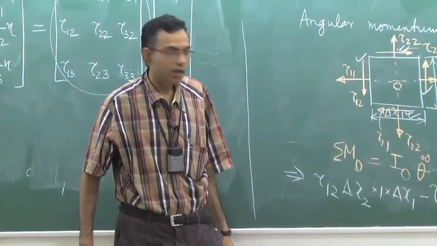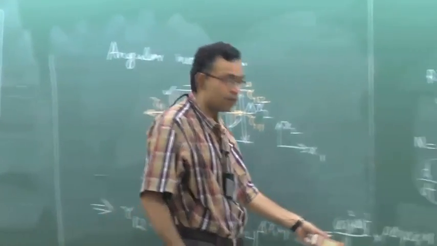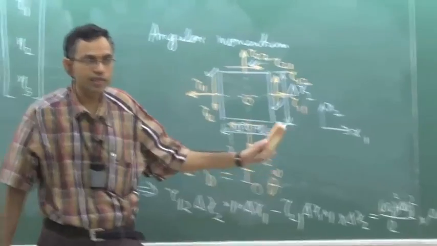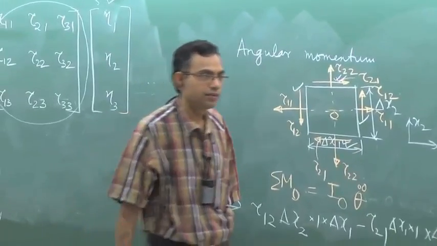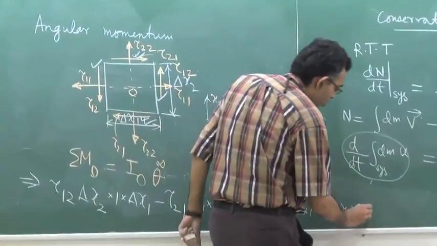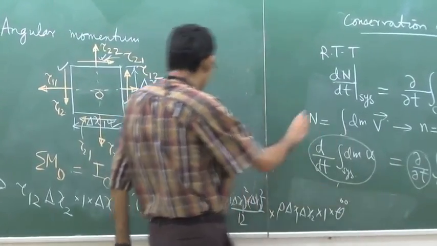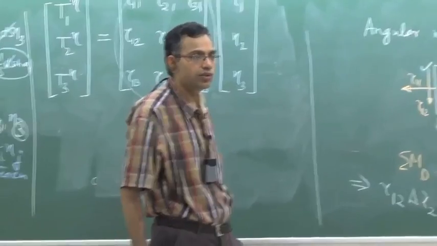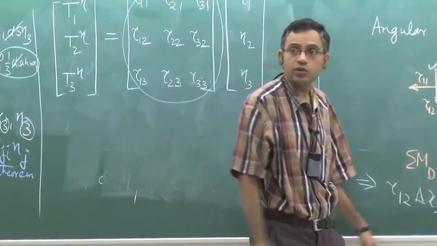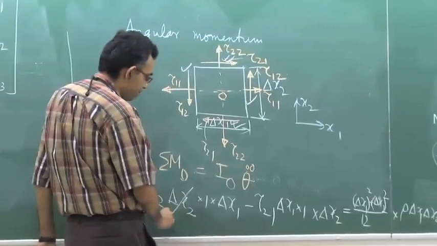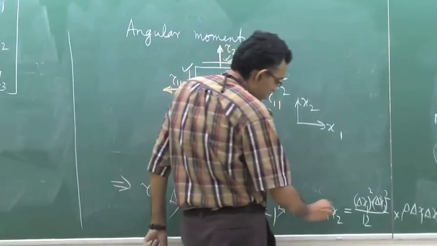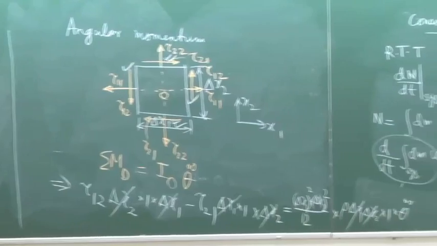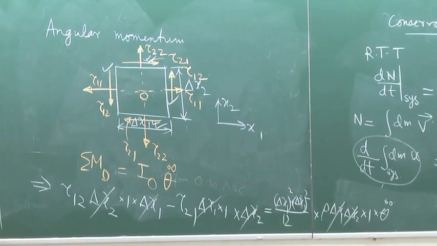Whether it is by 12 or by whatever, it does not matter for this derivation, because we will see that this term will be 0 at the end. So this into the angular acceleration. Now you take the limit as delta x1, delta x2 tend to 0, because these are tending to 0 and not equal to 0, you can cancel it from both sides, right. This is the first thing.